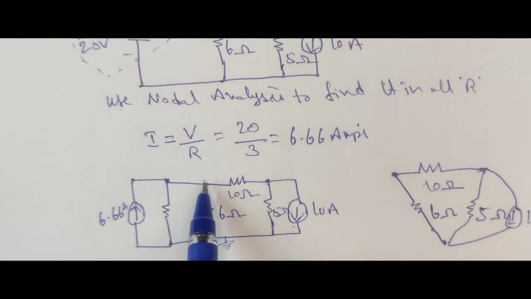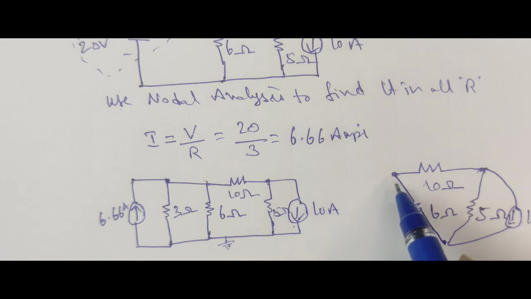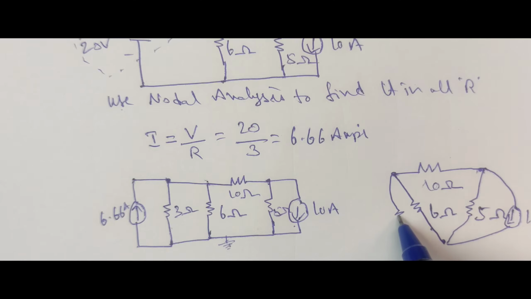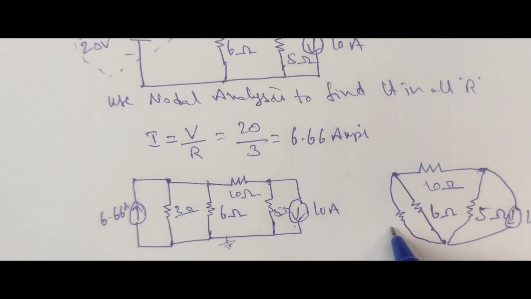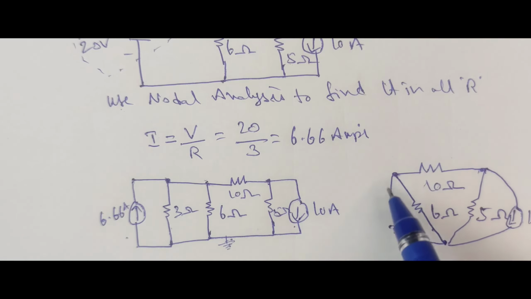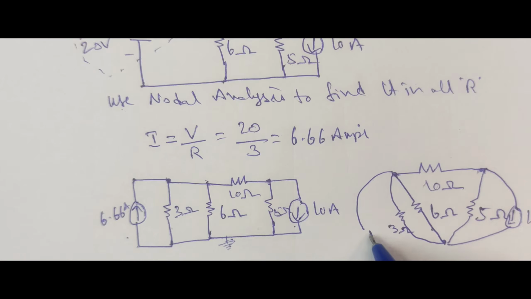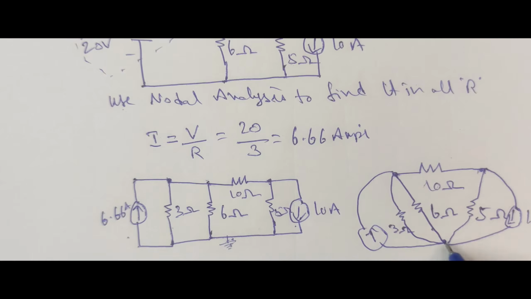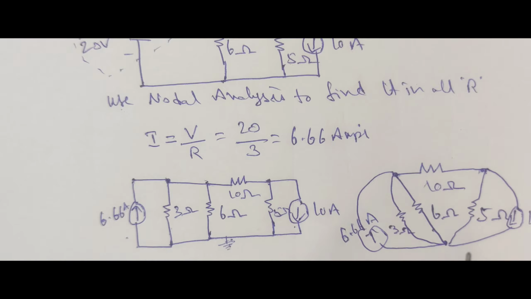The same way between node 1 and the reference node I have a 3 ohm resistor, and a source with value 6.66 ampere, and this is called a butterfly diagram.